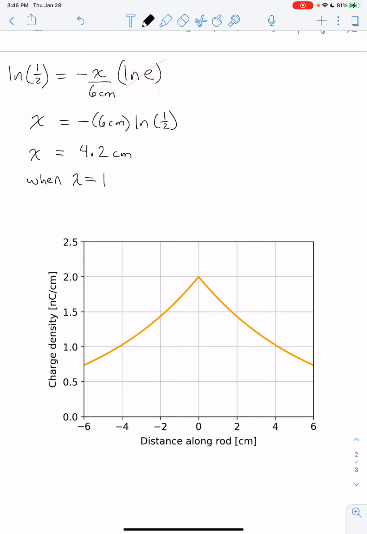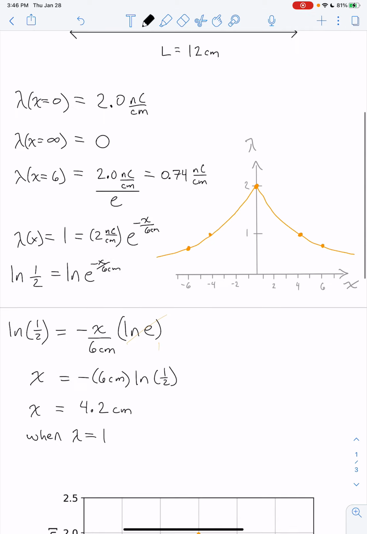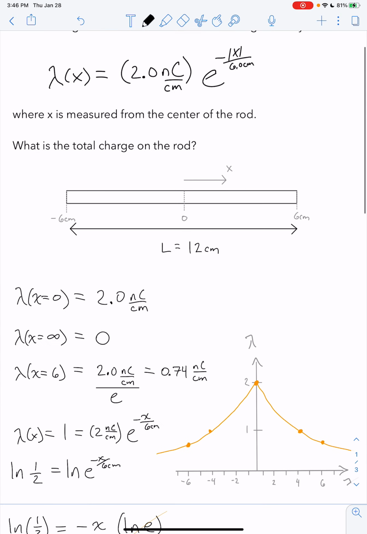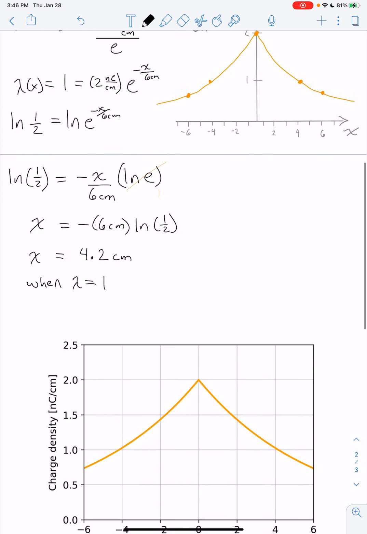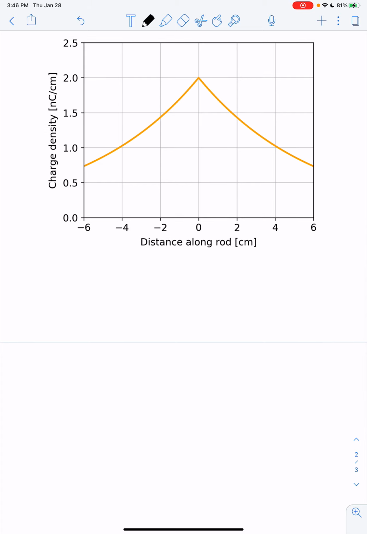Okay, so that's great, but what about our original purpose here? What were we doing? Well, we were saying that we wanted to know, let's go back to the top, what is the total charge? Well, what we know is that if you want to know the charge on some extended object, you just integrate all the little dQs. You could divide an extended object up into tiny pieces, and then you add them all up, and that's what an integration is.